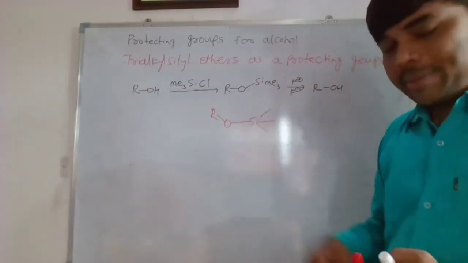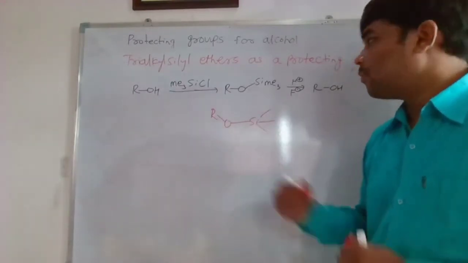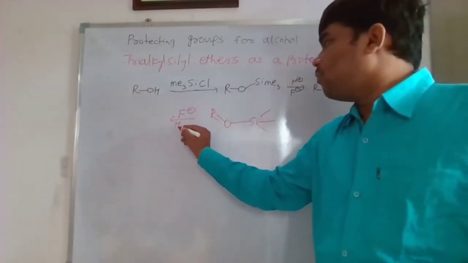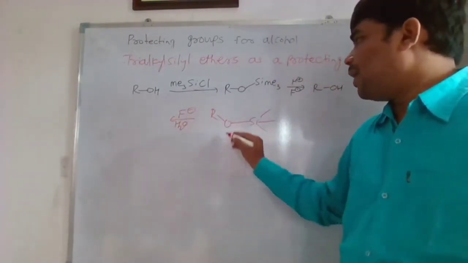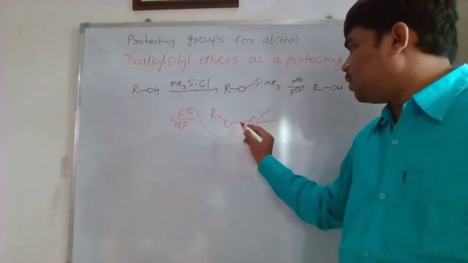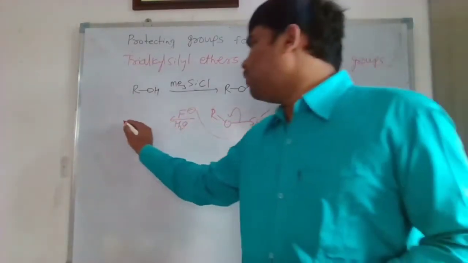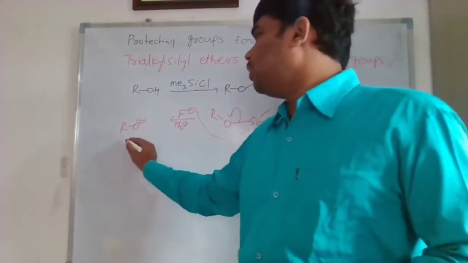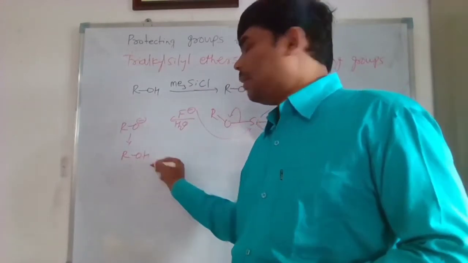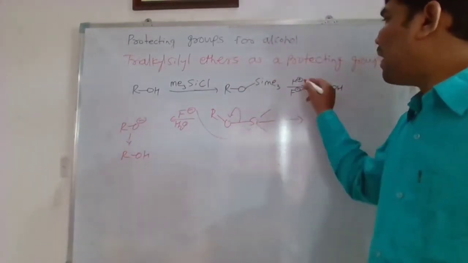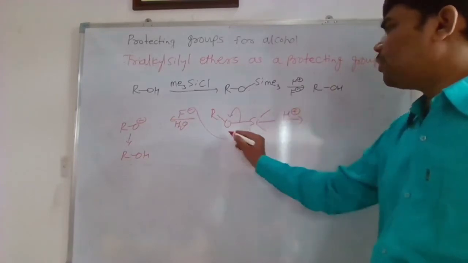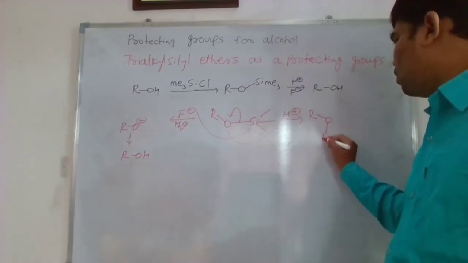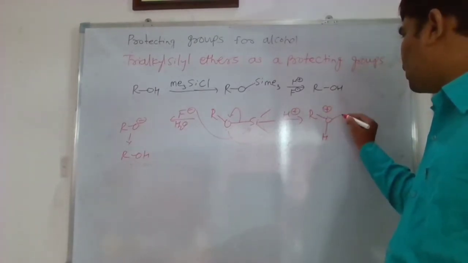The mechanism for deprotection is that when we take the fluoride ion with aqueous solution, this fluoride ion attacks the silicon and the RO group is removed. Then it takes H+ from water and forms alcohol. When it reacts with H+, the oxygen lone pair actually carries this H+ to form such a derivative.